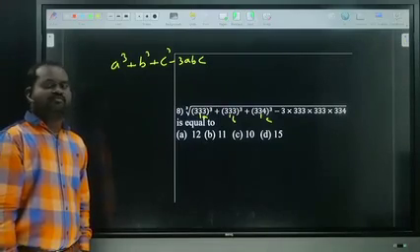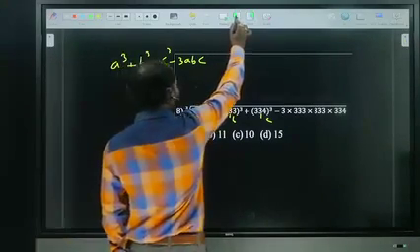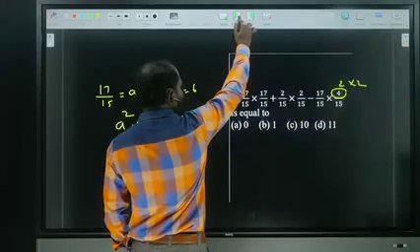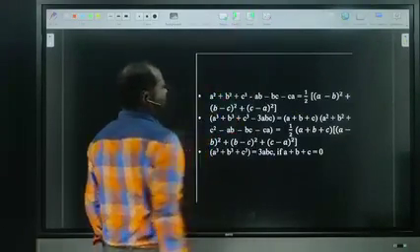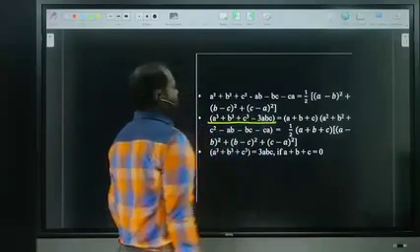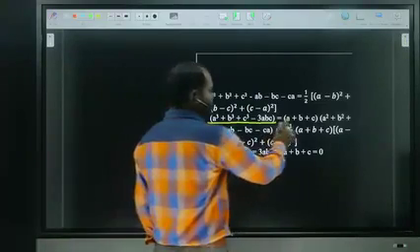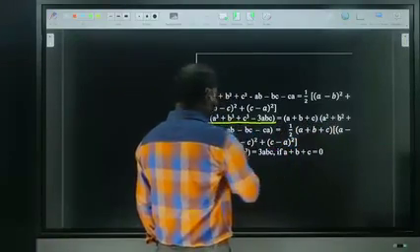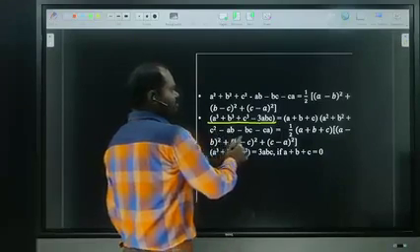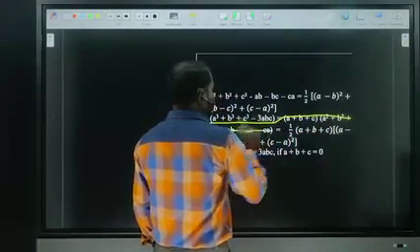Already in the formula list I have shown this clearly. A cube plus B cube plus C cube minus 3ABC is equal to (A plus B plus C) into (A square plus B square plus C square minus AB minus BC minus CA). It is one formula, but we are not using this one.